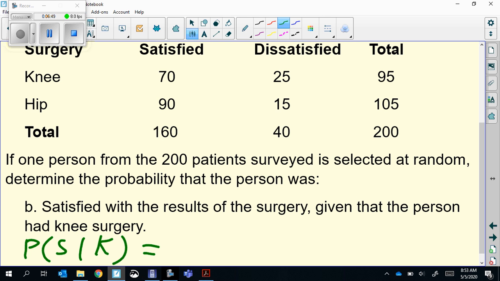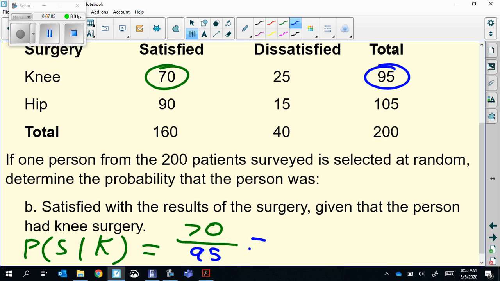Remember, when we start this, we're looking for the overlap of knee and satisfied, which is 70, out of the total of the first event, which is knee, which is 95. And you can reduce that. Divide by 5, you get 14 over 19. That should be it.